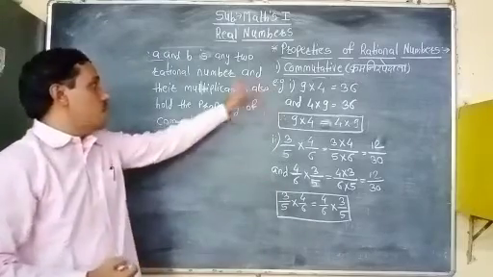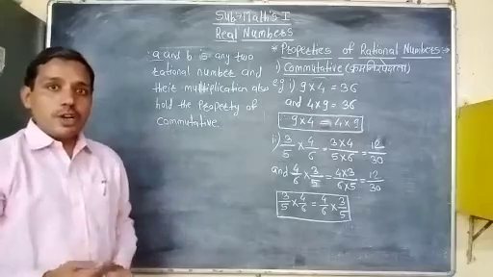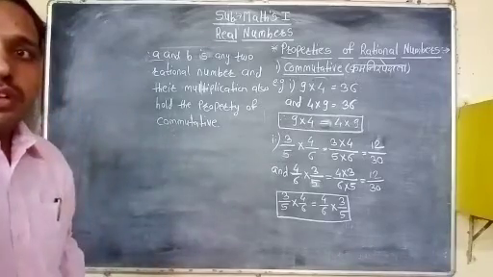That means A and B are any two rational numbers, and we get the product between them.